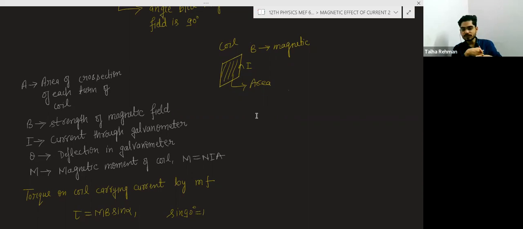K is the torsional constant, or the torque per unit twist. And in equilibrium, there will be a time when the restoring torque will be equal to the torque produced by the magnetic field. You will get the formula of the current in the galvanometer.